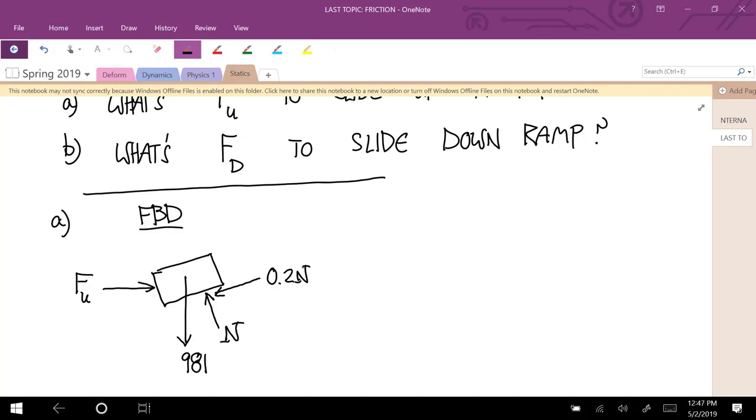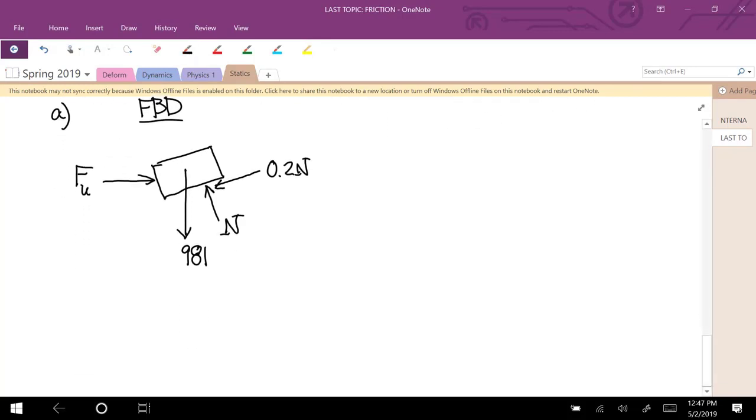In our rotated coordinate system, calculating the friction force and the normal force is easy, but calculating FU and the weight force is kind of a pain because they're not aligned with the axes. But I'm going to show you a nice way to do it.